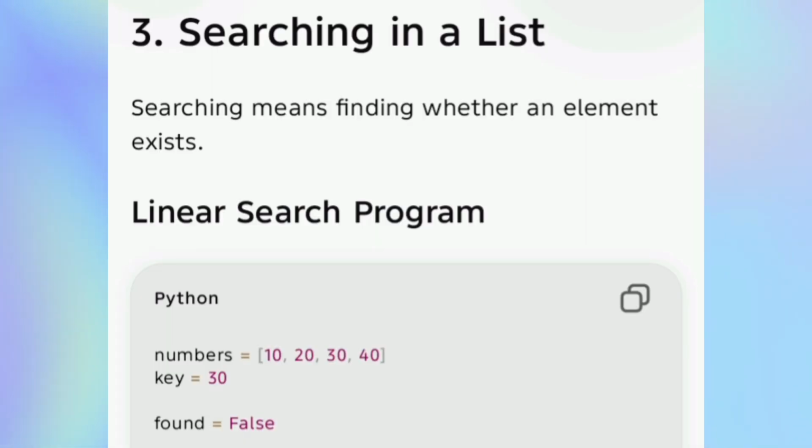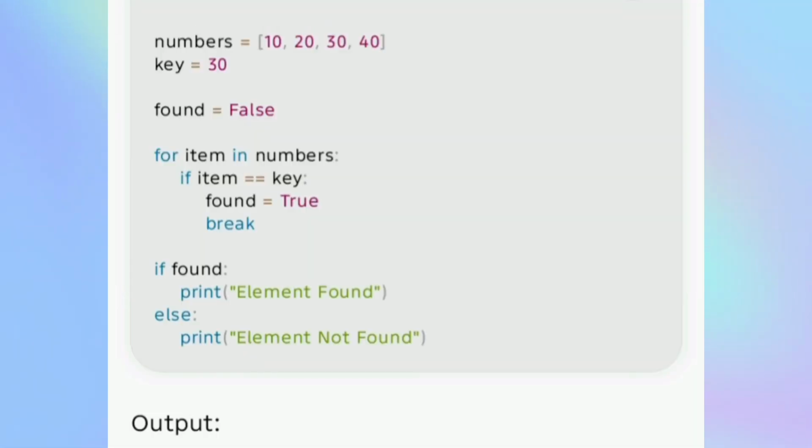Searching a list. Searching means finding whether an element exists. Linear search: numbers = [10, 20, 30, 40], key = 30, found = False. for item in numbers: if item == key: found = True, break. If found, print the element is found, else print the element is not found.